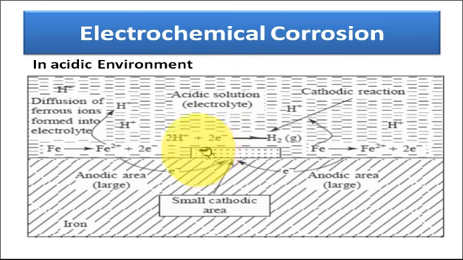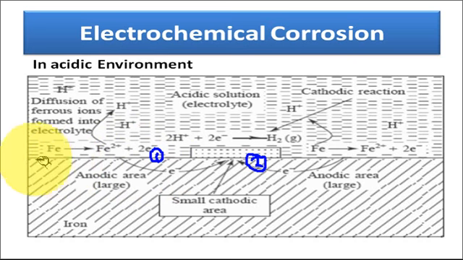Due to the presence of this acid drop, the metallic surface has now become chemically non-uniform. How? Because two types of metallic surfaces are there. The first surface is this, where the acid drop is not present. The second surface is this, where the acid drop is present. So the metallic surface becomes chemically non-uniform.